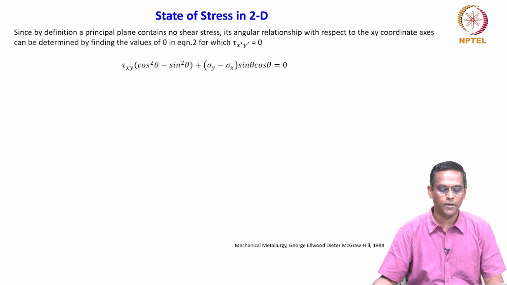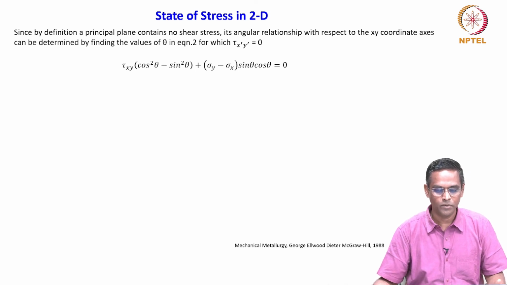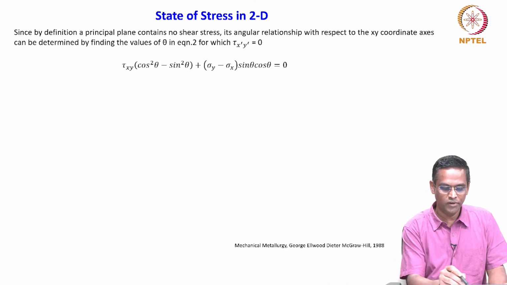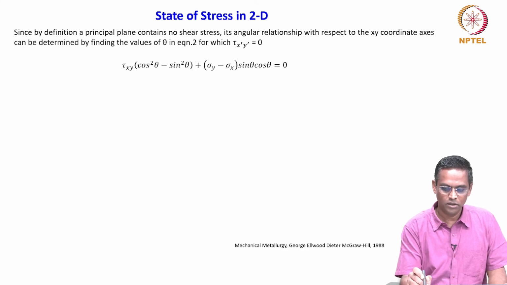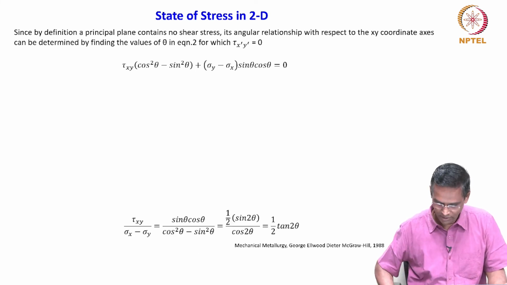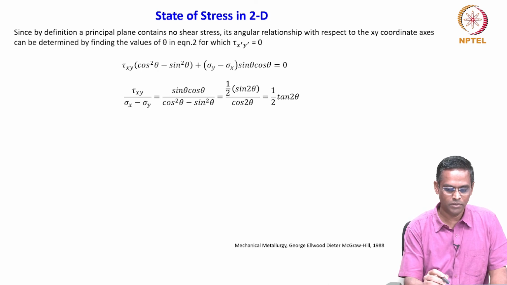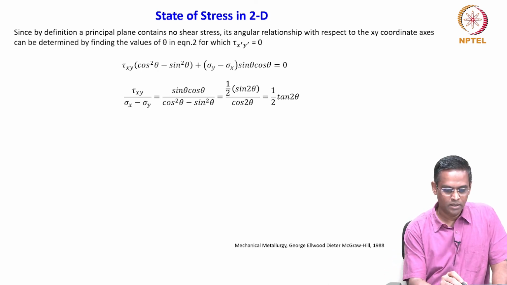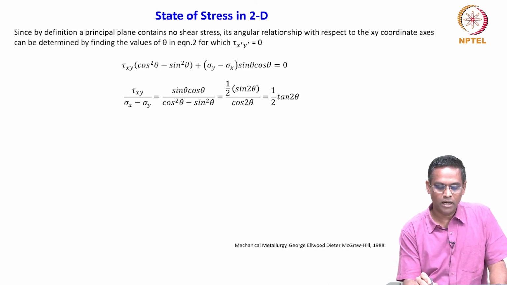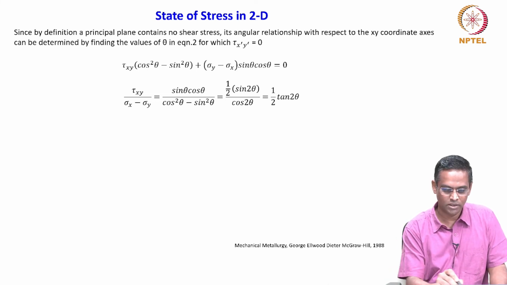In order to find the angular relationship, if that equation is made equal to 0, we can develop some relation. This is the same shear stress expression from the previous slides. We make it equal to 0 and then rearrange it.